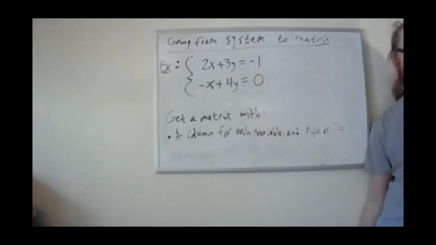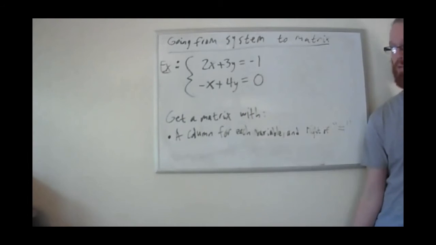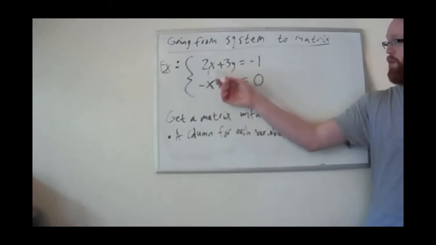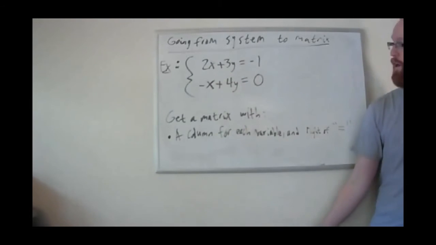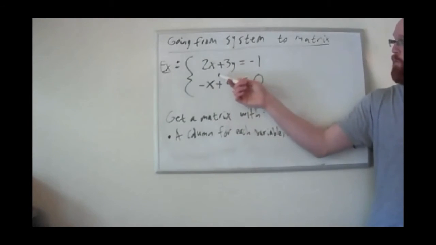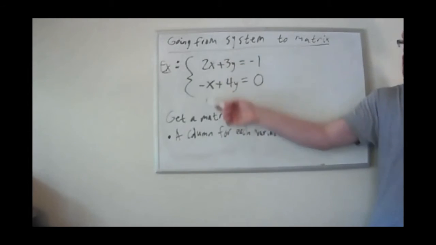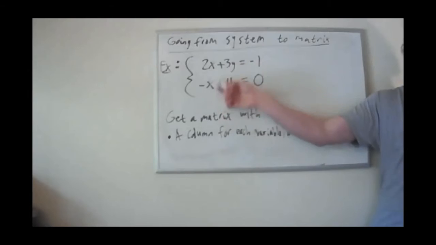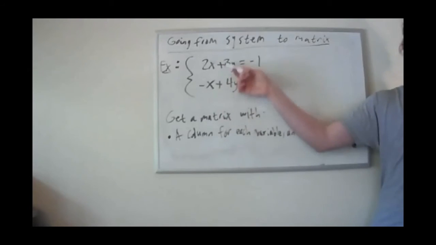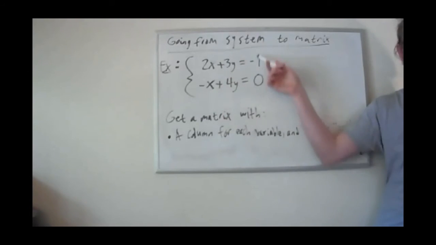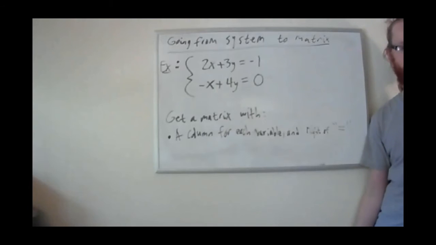So remember when we were solving systems of equations by the elimination method, we wanted to make sure the variables in our equations were lined up. And this is sort of why. If I've already lined up the equations, then you see that the variables give you columns. The x's are lined up here, the y's are lined up here, and what's to the right of the equal sign is lined up over here. So they're kind of lined up in columns for us already.